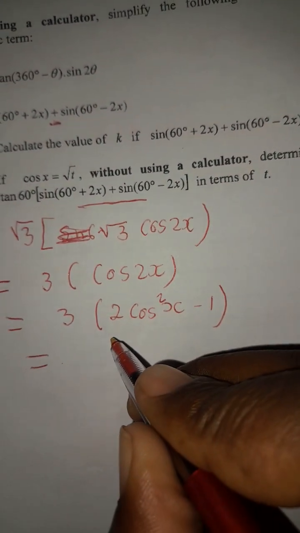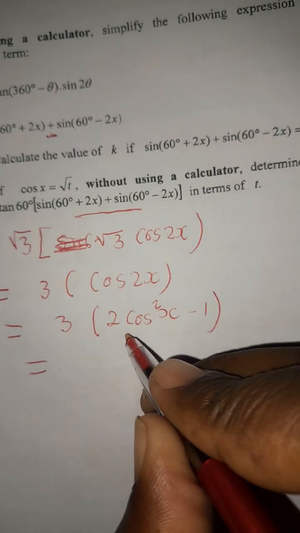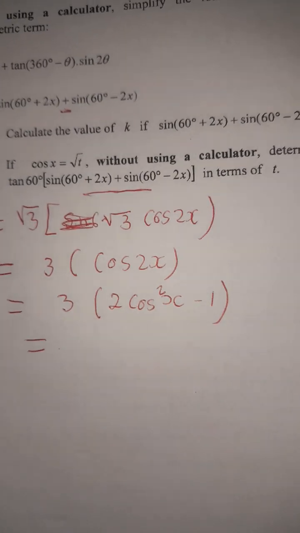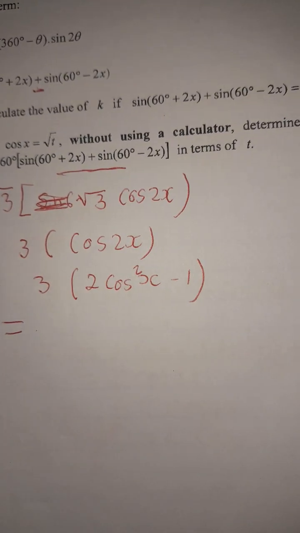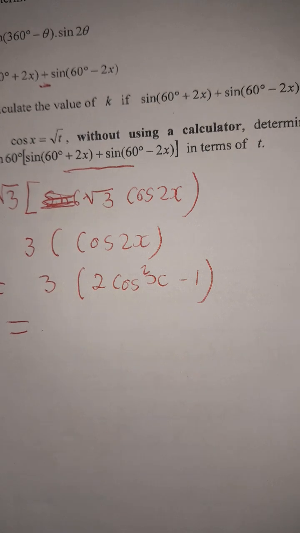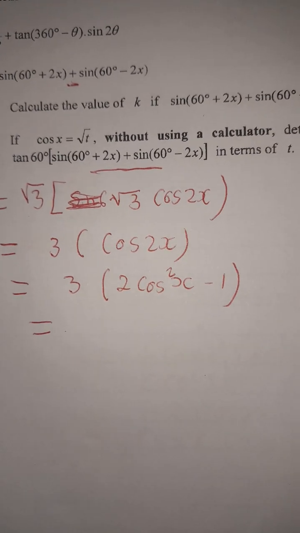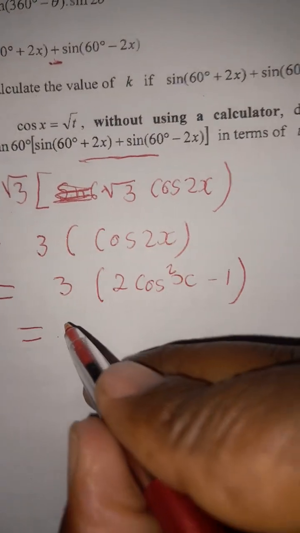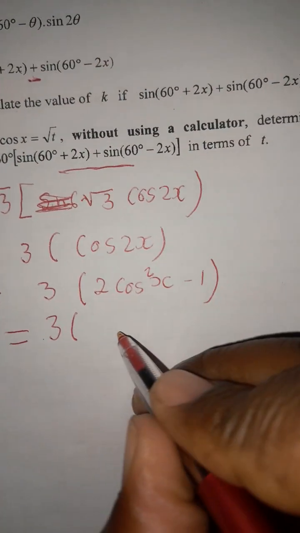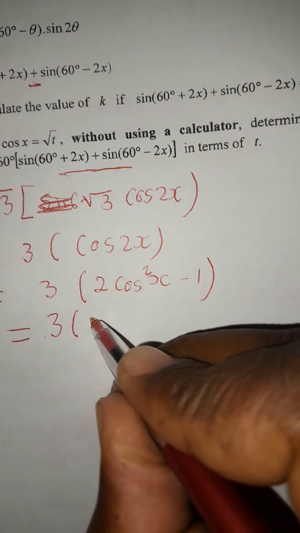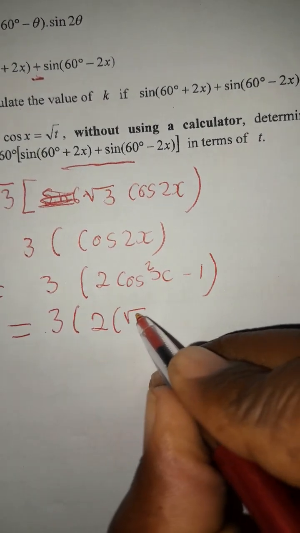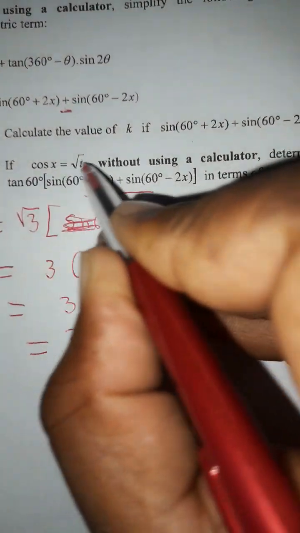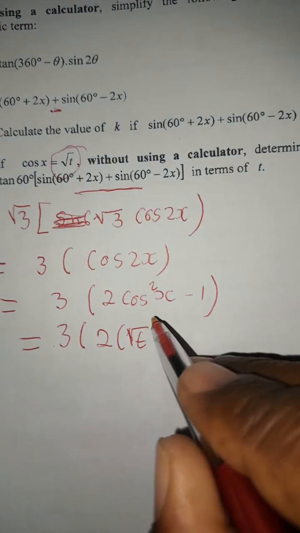Remember that we are told that cos x is equal to root t. So we don't have to crack our minds: where we see cos, we are going to put root t, because we were given that cos x is equal to root t.